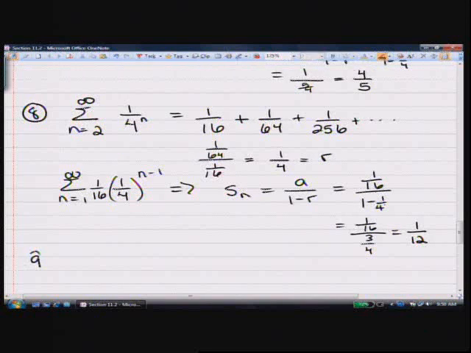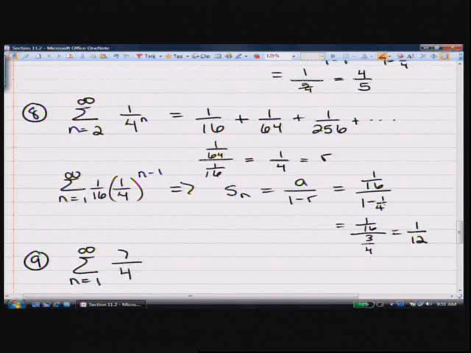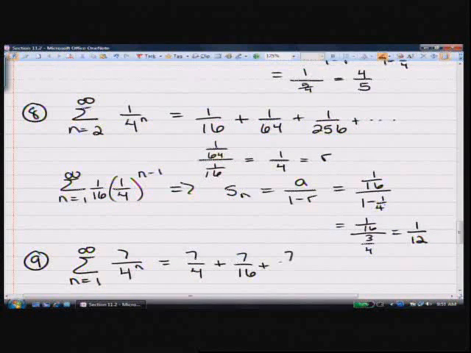Here's number 9. The sum as n goes from 1 to infinity of 7 over 4 to the n. Okay? All right, so let's see what the pattern is. This is 7/4 plus, what would the next one be? 7/16 plus 7/64.